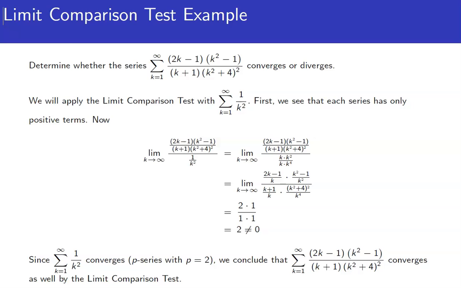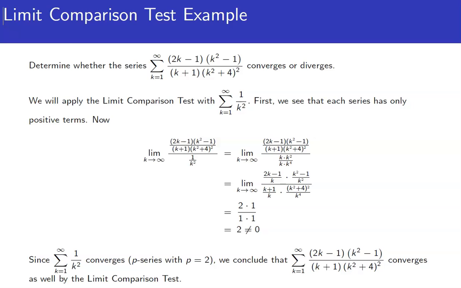Okay? That's the main, if you will, challenge in order to solve these types of series problems. So, one of the more common ones that we use are p-series, because we know just by looking at a p-series whether or not it converges or diverges, because all we need to do is determine that power on the n, or k in this case, in the denominator.